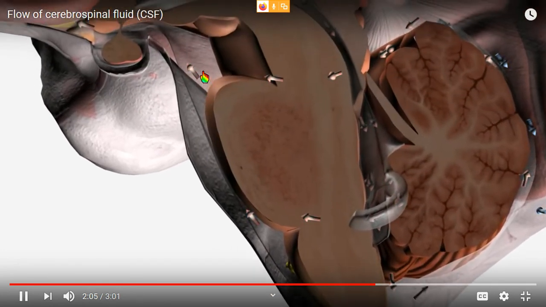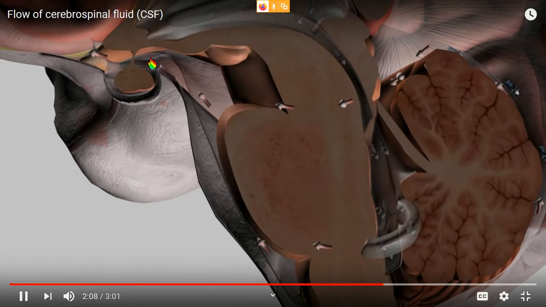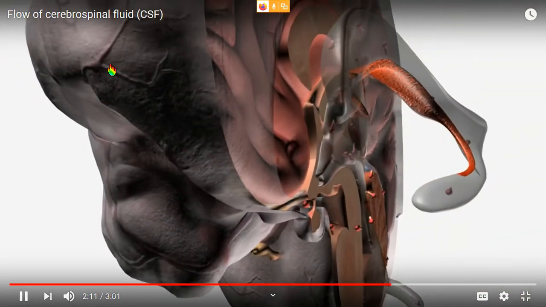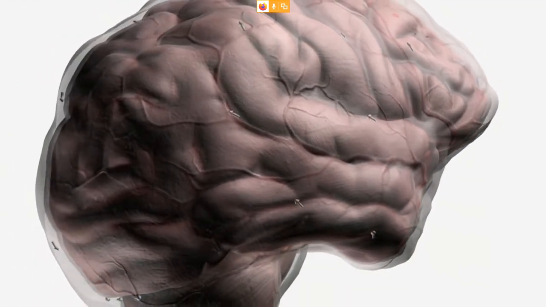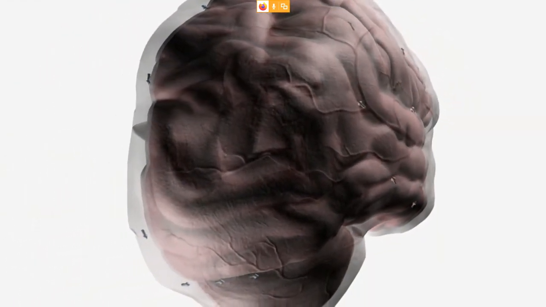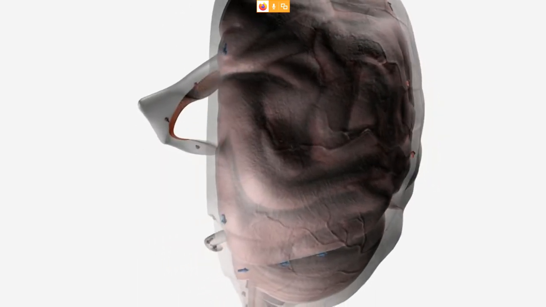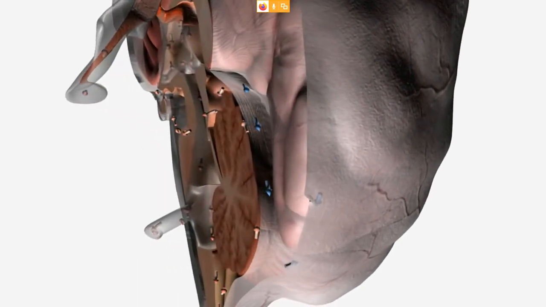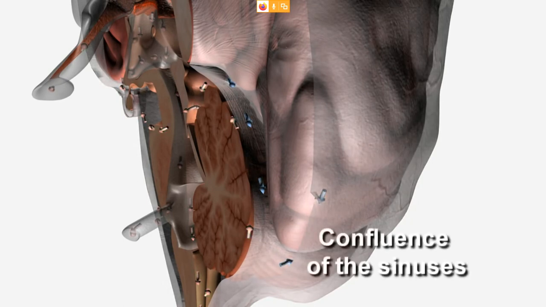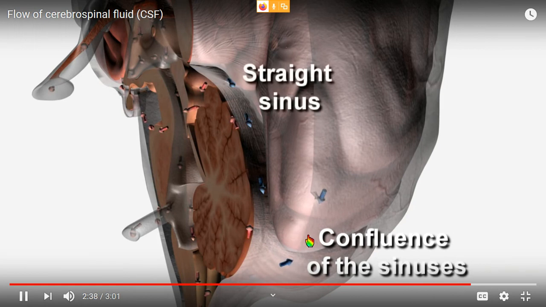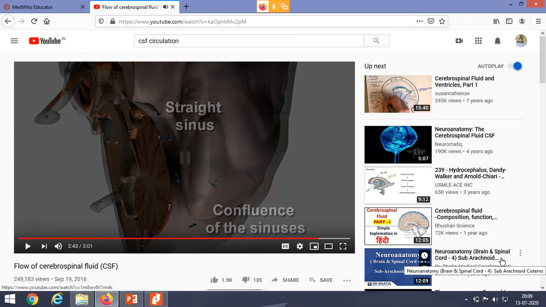CSF then flows back up the spinal cord, and it joins the flows from the fourth ventricle and the superior system. From the ventral systems, CSF flows across the cortical surfaces in the subarachnoid space, draining into the superior sagittal sinus via the arachnoid granulations. It then flows down the posterior surface towards the confluence of the sinuses, where it joins the venous blood flowing from subcortical regions by the straight sinus.